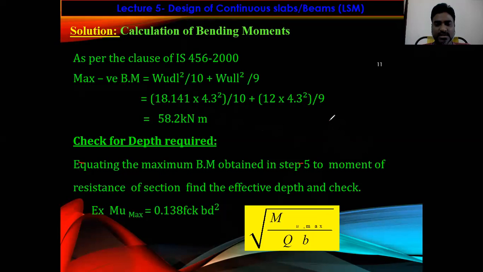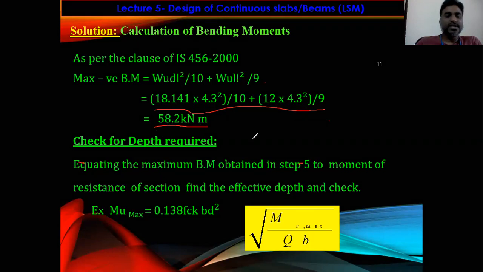So the maximum negative bending moment is WuD square by 10 plus WuL square by 9. Substitute the values: 18.141 into 4.3 square by 10 plus 12 into 4.3 square by 9, we get 58.2 kN·m. This is the maximum negative bending moment.